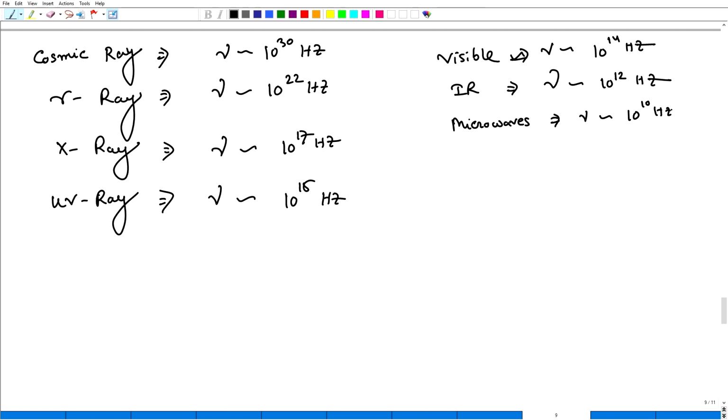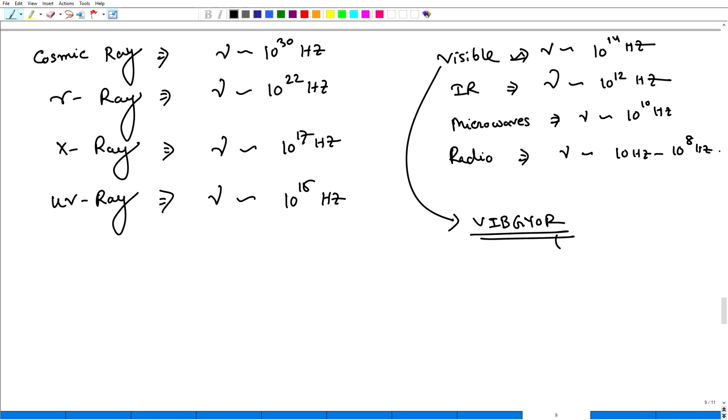And radio waves have a very large range, like 10 hertz to 10 to the power 8 hertz around. So this is the scale, and in visible we know that this varies from violet to red according to the picture. The wavelength of red light is around 700 nanometer. In case of violet it is shorter. Okay. So this is our electromagnetic waves.